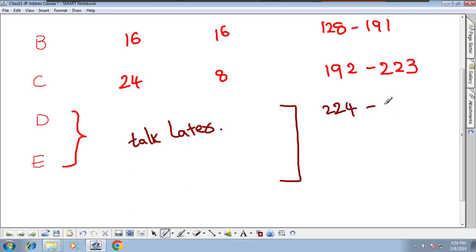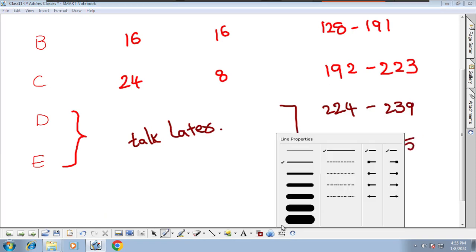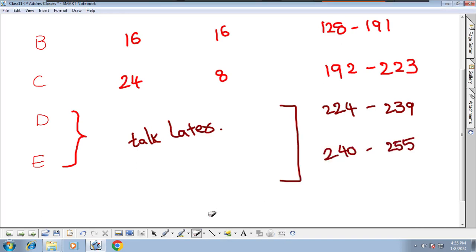224 to 239, and 240 to 255. All these, I said in the previous class, we will talk later. Let's talk now.